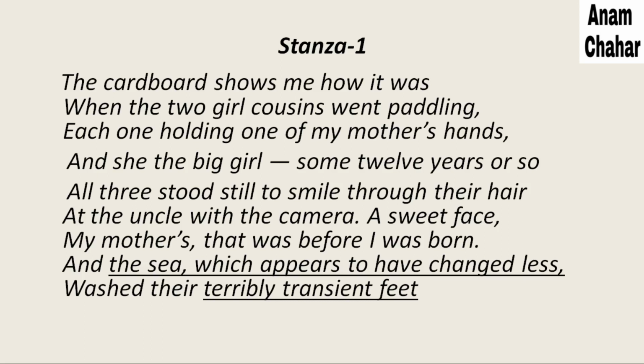And the poet says that the sea appears to have changed less. Human beings have changed. The three girls in the picture have grown up and the poet's mother is dead now. She's not even alive. But the sea has not changed. It appears to have changed less. It means that the objects of nature do not change. They are everlasting, and human life is very short.